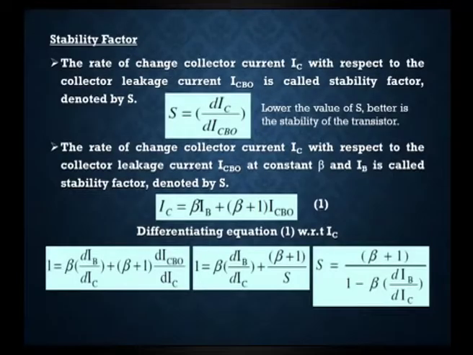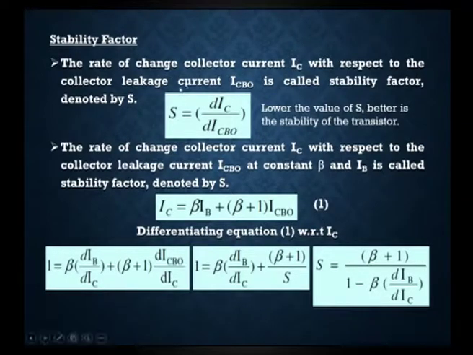This stability factor mainly helps in how we are going to stabilize a transistor, and in which value range the stability factor makes the transistor stabilized. The rate of change of collector current IC with respect to the collector leakage current ICBO is called the stability factor.